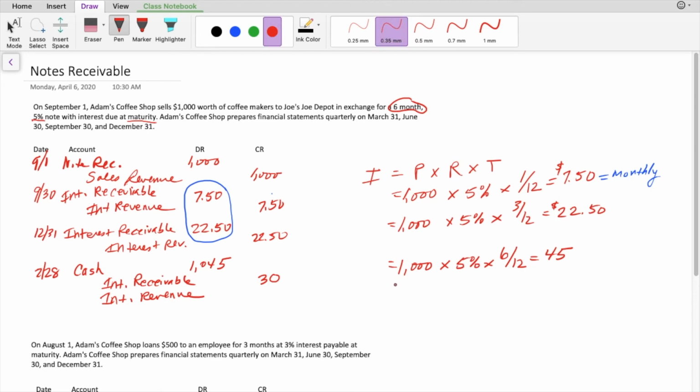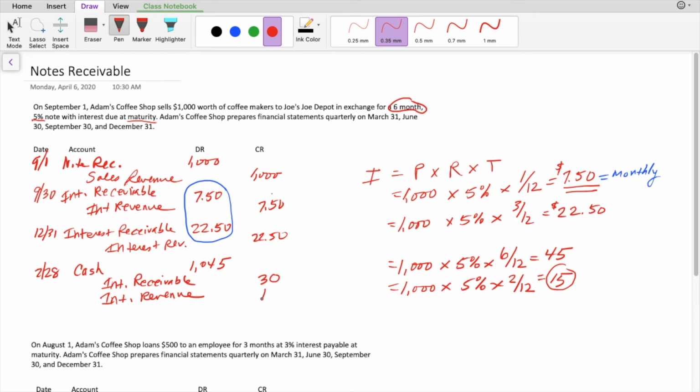Lastly, how much revenue have I earned over these last couple of months? Well, I would take 1,000 times 5% times 2 out of 12. January and February are the remaining months that I haven't accounted for. So if I do that, I will get $15. Well, we know it's $7.50 monthly. So $7.50 times 2, right, is $15.